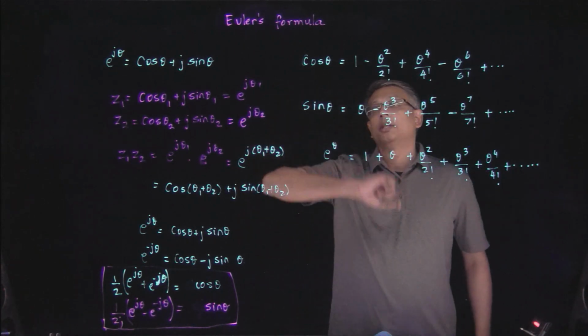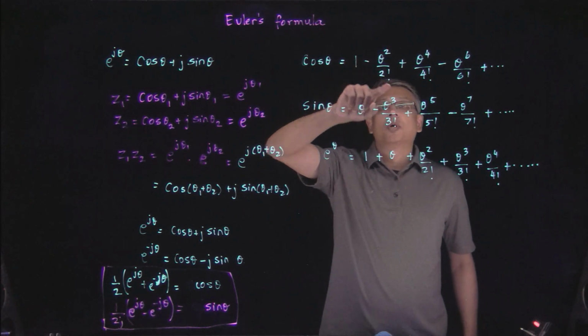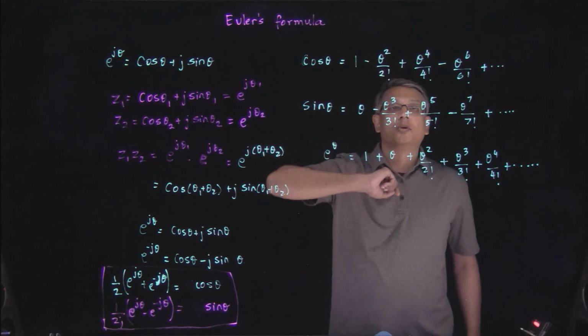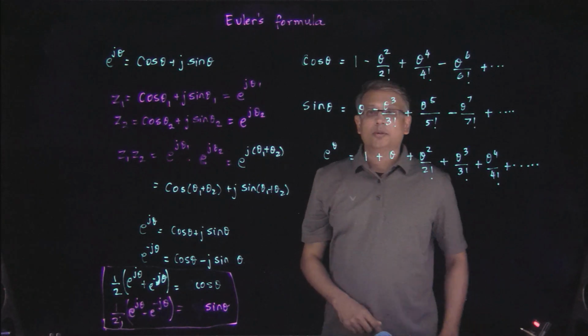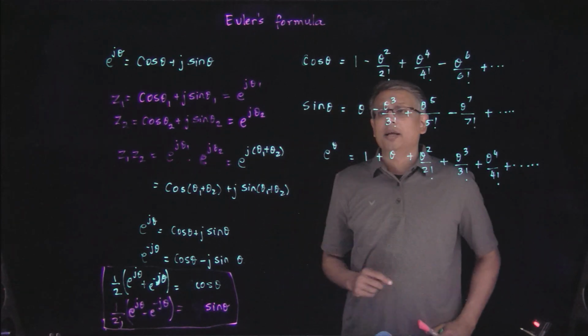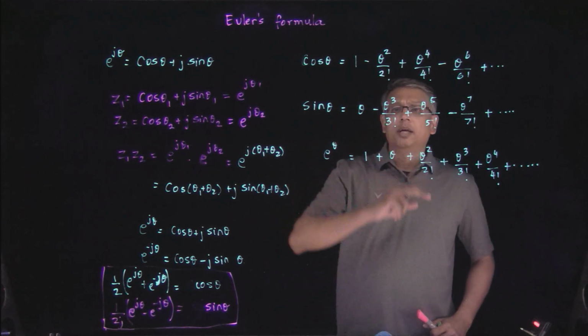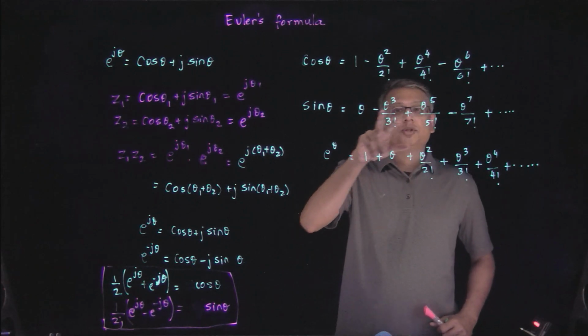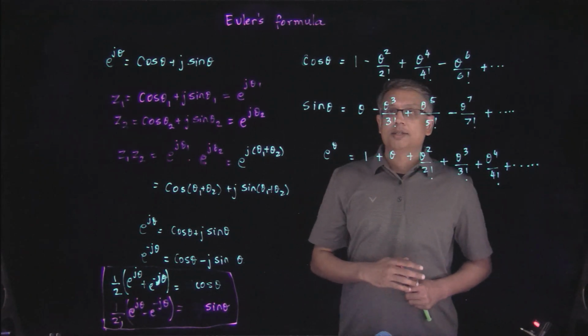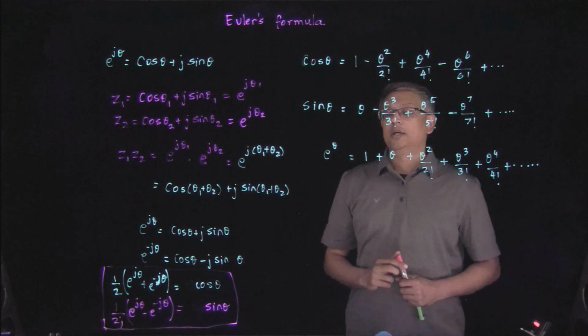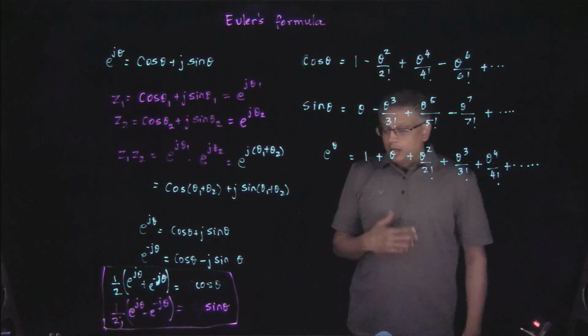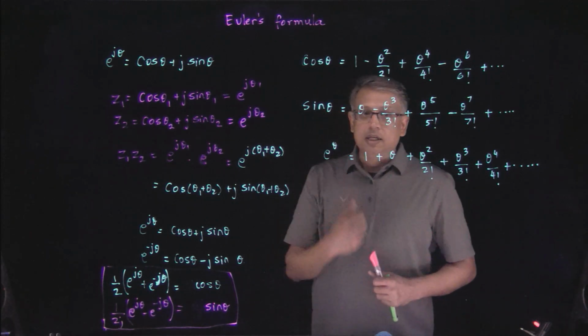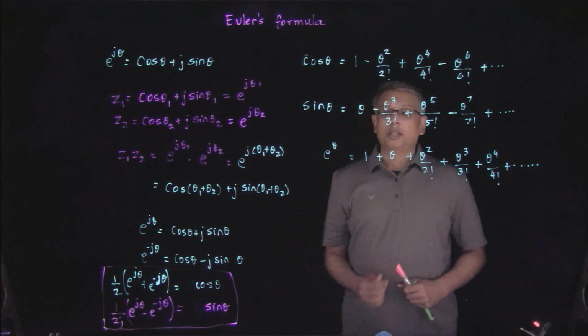So it tells you that cosine theta is 1 minus theta squared over 2 factorial plus theta to the 4 over 4 factorial, and so on and so forth. And it tells you that sine theta is theta minus theta cubed over 3 factorial plus and so on. You see all the odd powers of theta in sine and all the even powers of theta in cosine. And in the same way, there is also a series expansion for e to the theta.